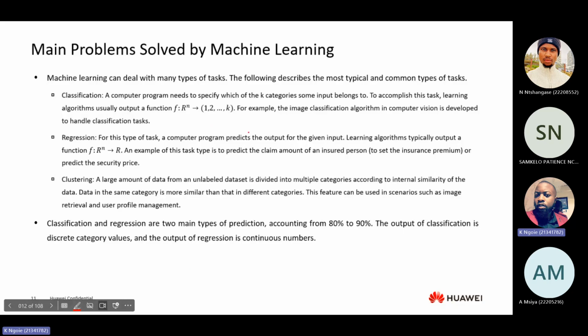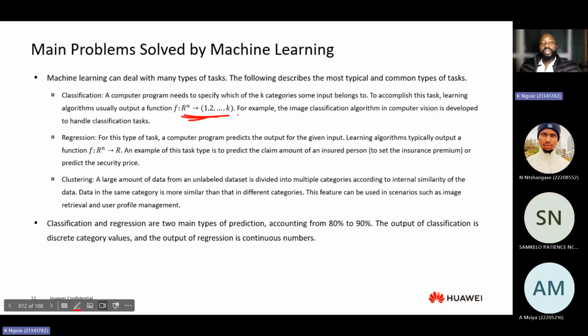For a classification problem, you need to understand that the output will be a function that determines the classes. So if you determine between mangoes and oranges, maybe a mango can look like this, and then an apple will look like this.